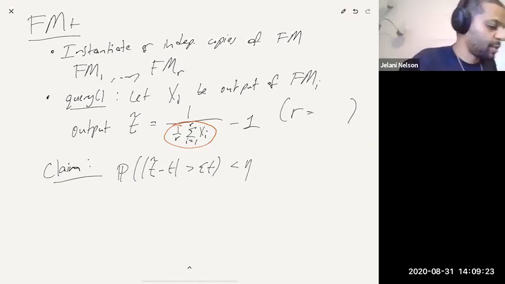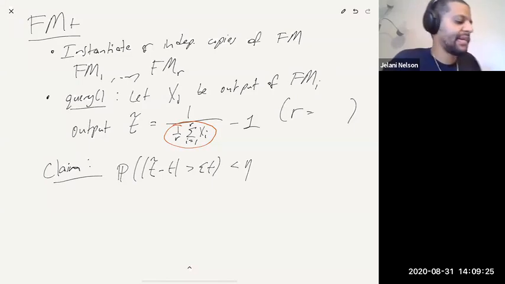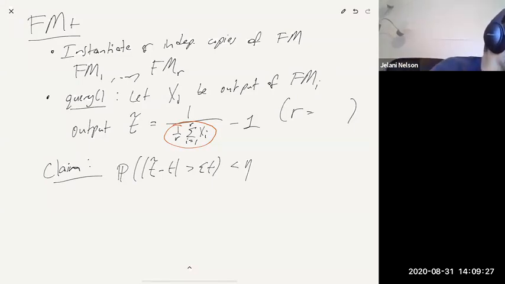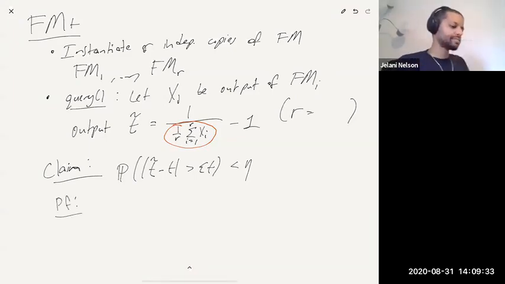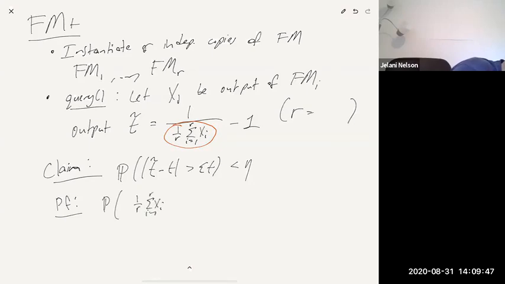Okay. So what do we have here? Let's prove this. What's the probability that this thing here, 1 over R sum of xi, is very far off from what we expect it to be?